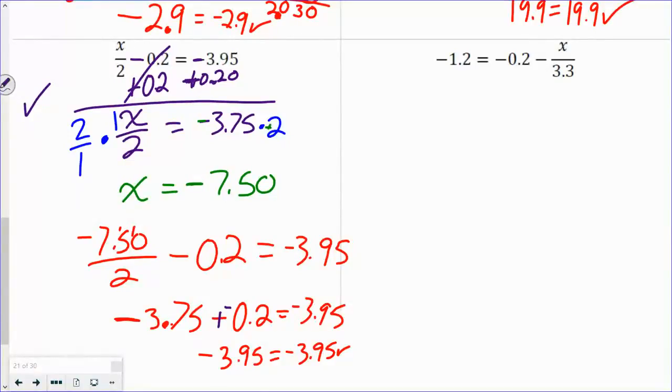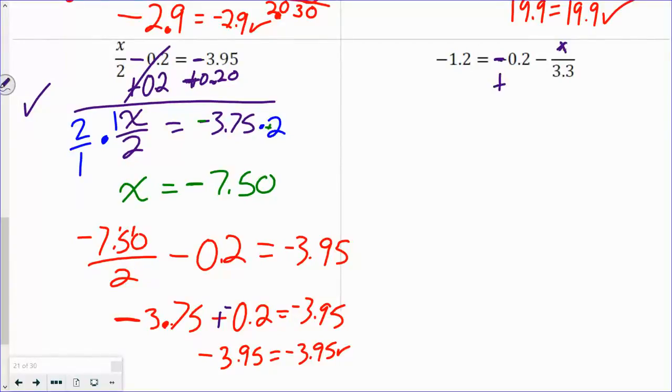All right, so a negative 1 and 2 tenths equals a negative 2 tenths minus x divided by 3 and 3 tenths. Doesn't matter what side of the equal sign it is on. If it's on the same side as our variable, we want to get rid of our subtraction or addition, or positive or negative.